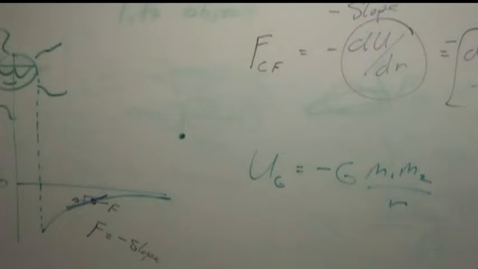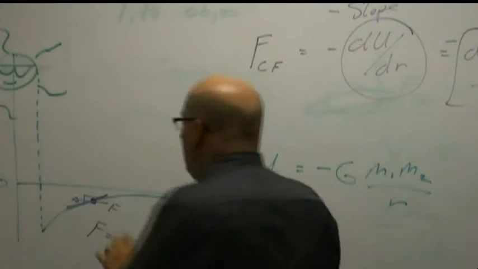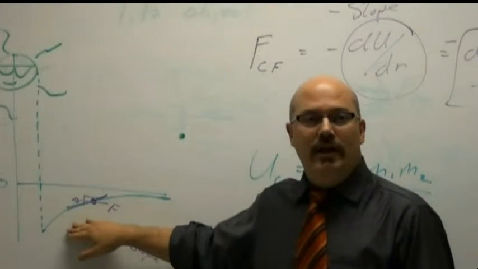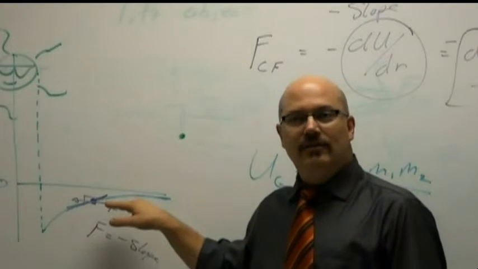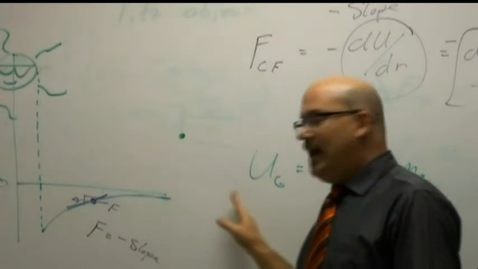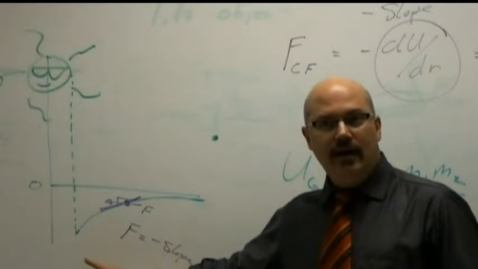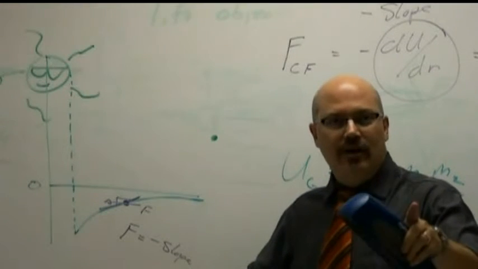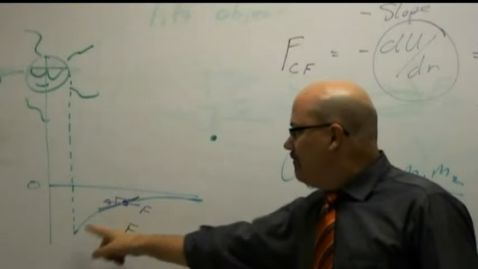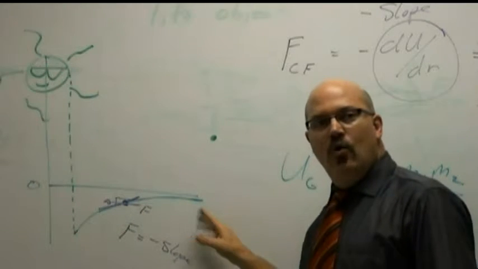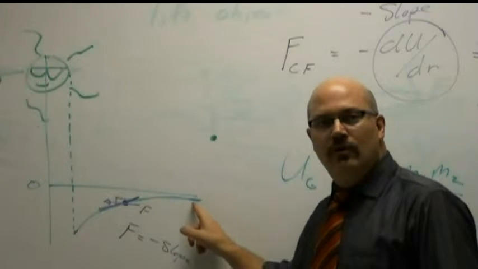Now, hey, I'm losing some of you. You notice that there's no stability point here. The object, if it's anywhere between here and infinity, it would fall into the sun. Got it? As a general rule then, if you have a potential energy function that looks like this, where do the objects want to move?